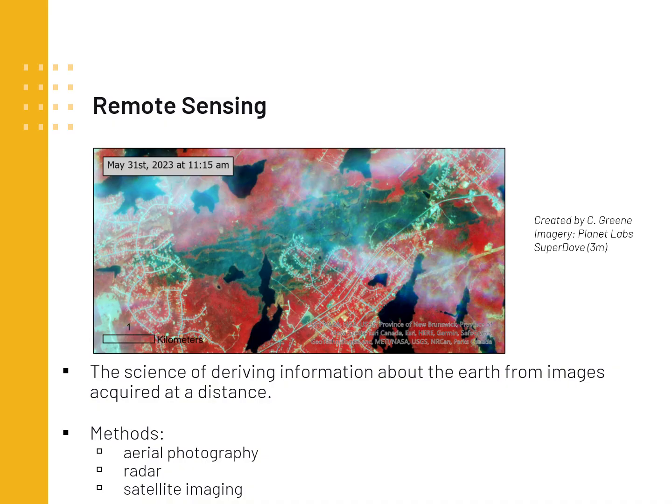And what it's showing here is the Tantalum fires. You can see the darker green color is the area that has been burnt, whereas the red areas are the areas that have not been burnt. Again, this happened in May of 2023, and basically this information was readily available very quickly, even during the fires while they were taking place.